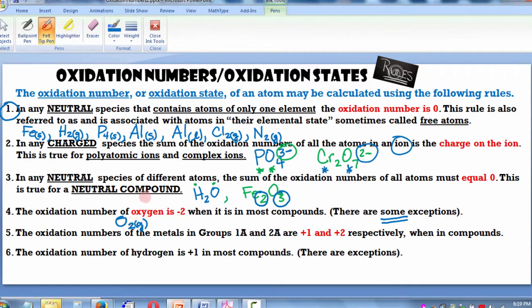This is a trick question, sometimes put on exams. Now, if I wrote SO4 with a 2 minus charge, the oxidation state of this oxygen would be minus 2. It's in a compound.